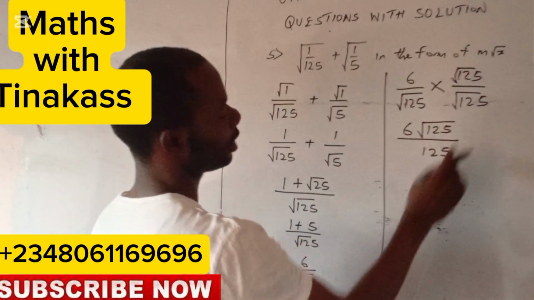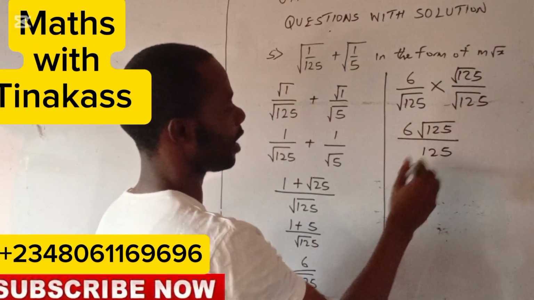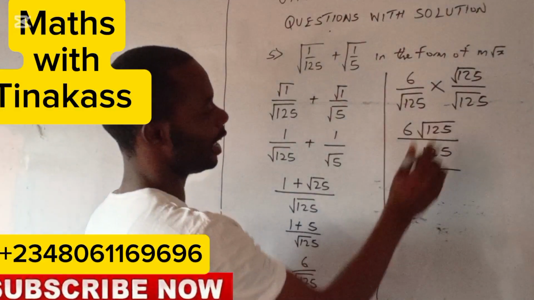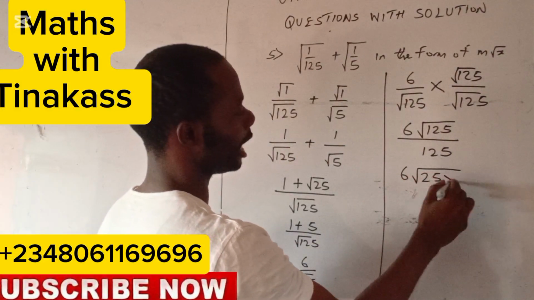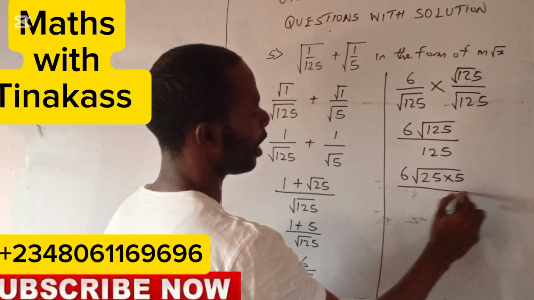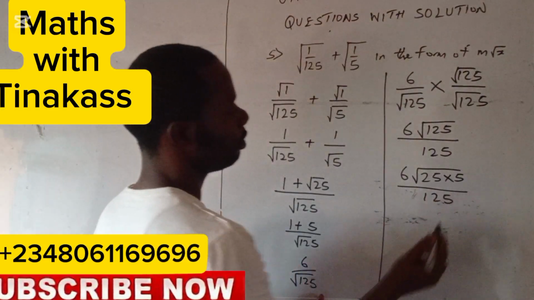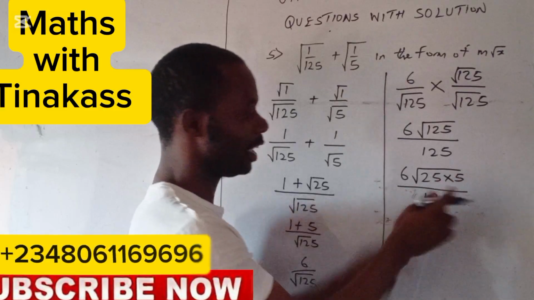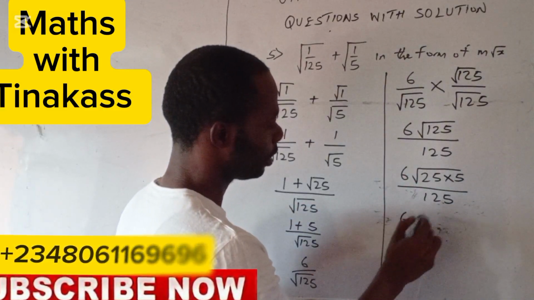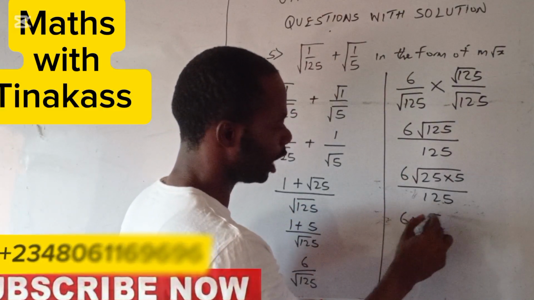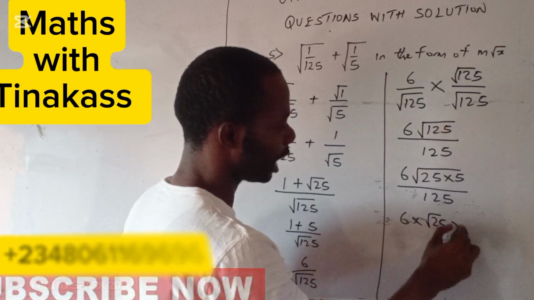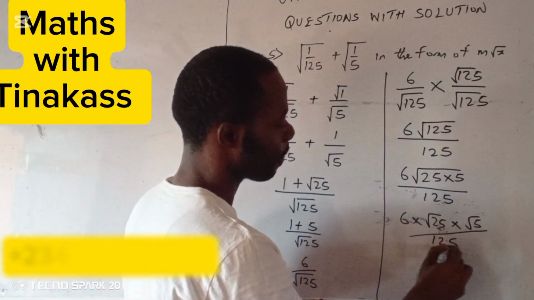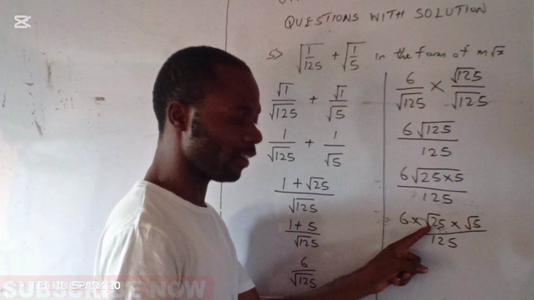Then what do we do to this? We can break this one down and simplify. We have 6 root of what gives us 125? That's 25 times 5, over 125. Then I can find the square root of 25, but I cannot find the square root of 5. Let's break it down: 6 times square root of 25 times square root of 5, over 125. The square root of 25 is 5.